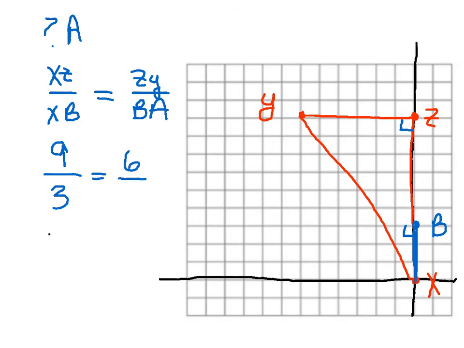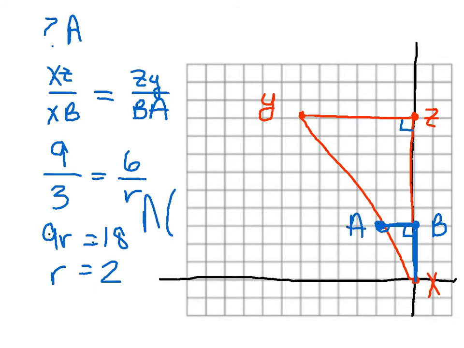ZY is 6, and we do not know BA. Do some cross multiplication. 9x equals 18. x equals 2. I probably shouldn't have used x because that is one of our points, we just need a variable in there. So this width right here is 2.